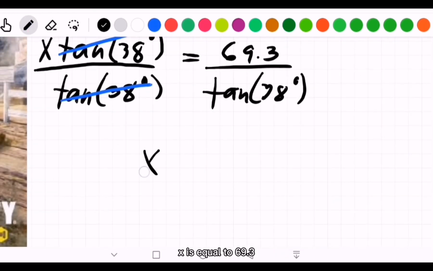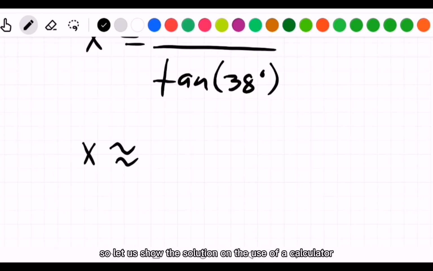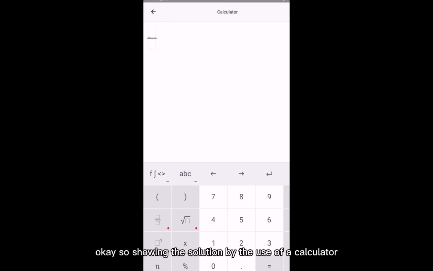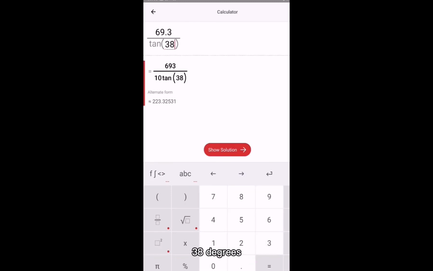And here you go, x is equal to 69.3 divided by tangent of 38 degrees. So let us show the solution on the use of a calculator.